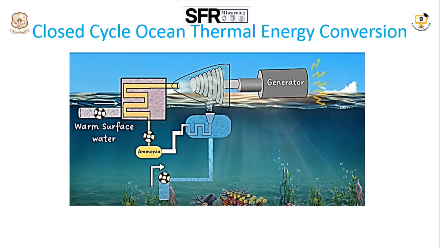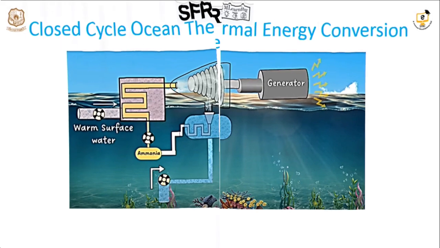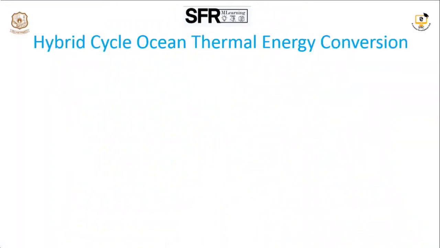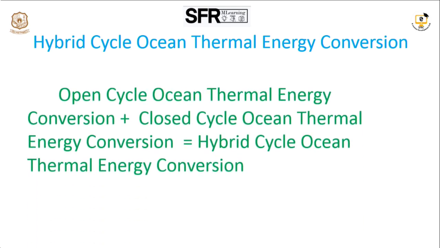Therefore this is one disadvantage, so we are going for another system called hybrid cycle ocean thermal energy conversion. So what is the hybrid cycle ocean thermal energy system? It is open cycle ocean thermal energy conversion plus closed cycle ocean thermal energy conversion, a combination of these two cycles.